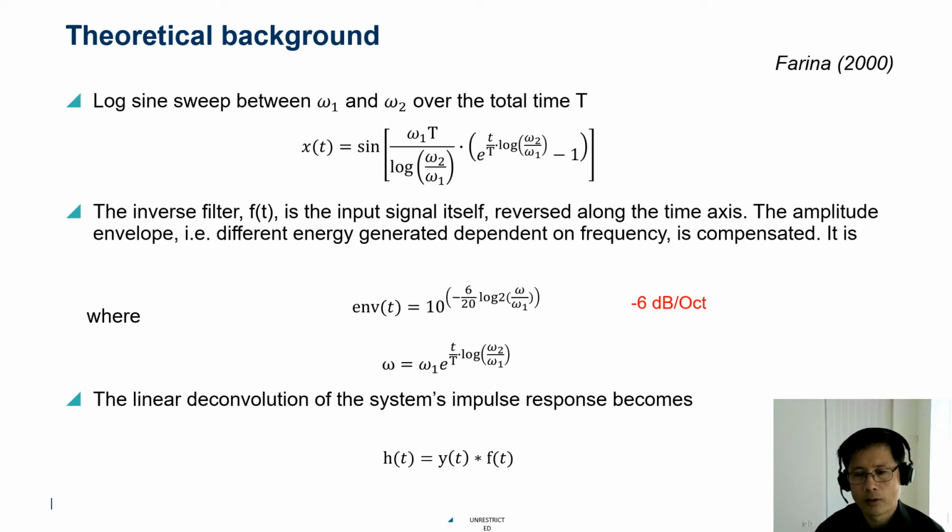So the idea is to get the linear response, which is calculated by convolving the input signal with h(t), that is derived here as an impulse response function. Use that as a reference signal.